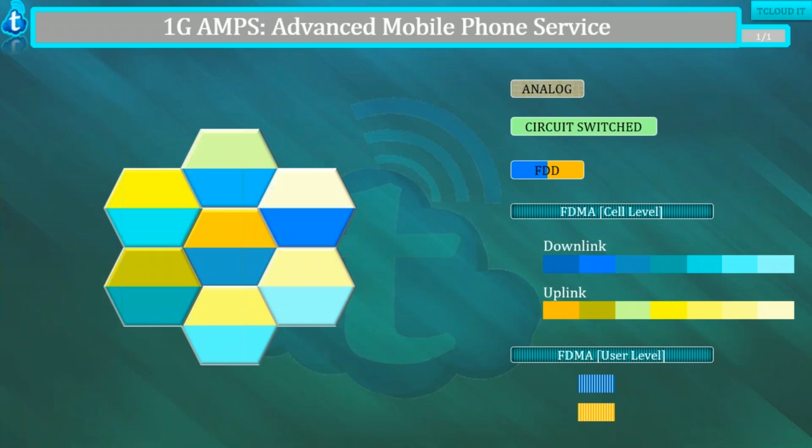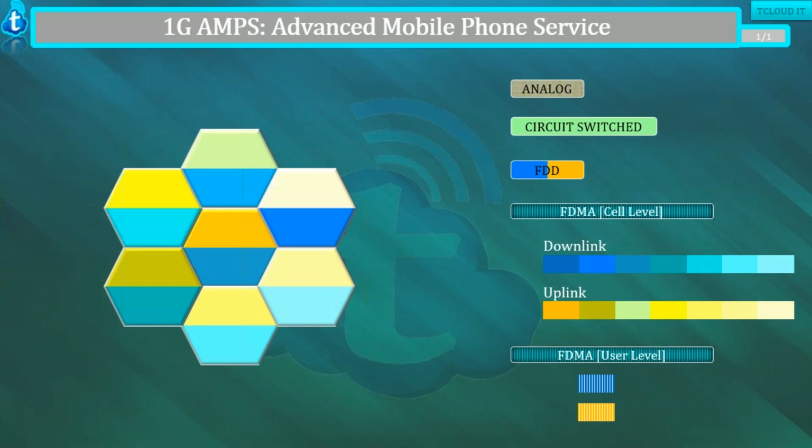The operator buys some X amount of uplink frequency and X amount of downlink frequency from the government. Now that uplink and downlink frequency purchased by the operator would be divided into small pieces. So we would be allocating one piece of downlink frequency and one piece of uplink frequency for each cell.